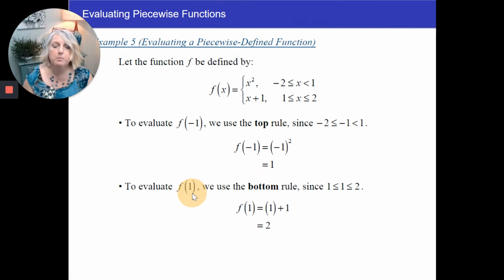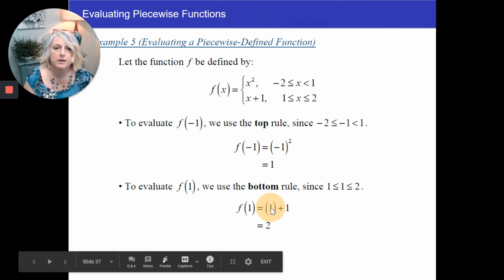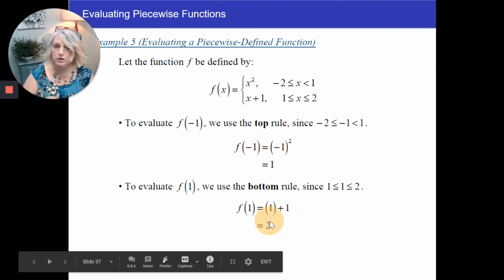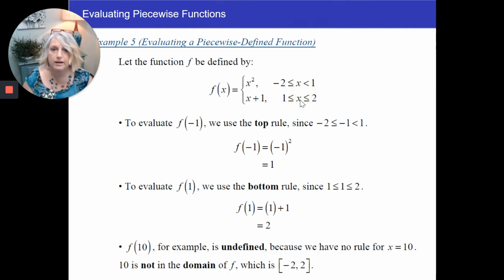If I want to calculate f of 1, 1 falls in the subdomain from 1 to 2 because of the equals, so I use the bottom rule. So f of 1 would be x plus 1, which is 1 plus 1, and I get 2. So you evaluate using whichever rule corresponds to the subdomain the input is in.